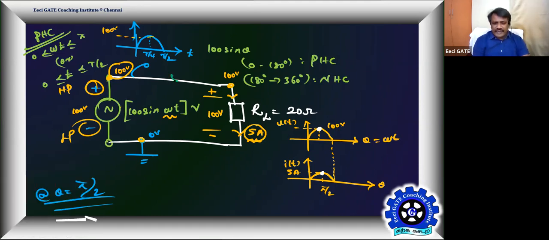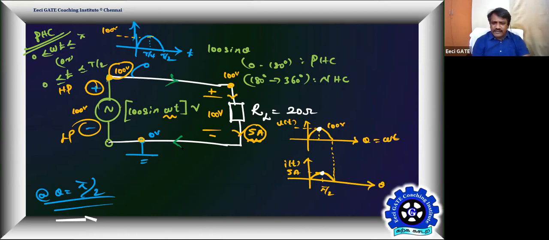So you know the current direction. Now tell me who is delivering power and who is absorbing power. Polarity marking is already mentioned for the potentials, and the current direction is also mentioned as per the potential markings.